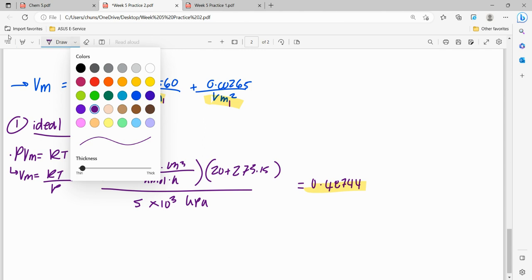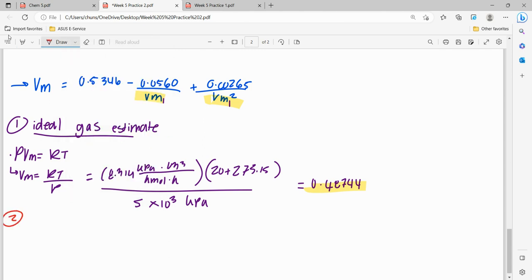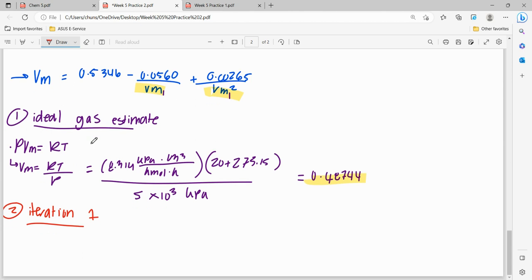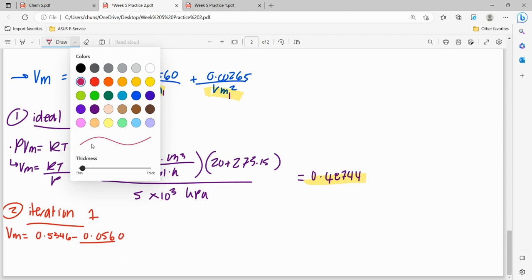So let's do our first iteration. So we're solving for our left side. Ooh, I've run out of page. This is equal to minus 0.0560 over the value we just solved squared.